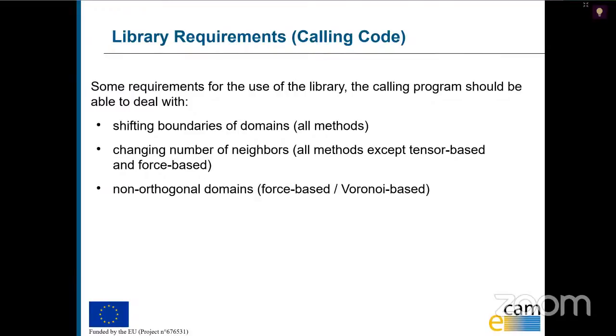For example, if you use the staggered grid method or the Voronoi-based method, it might be that from load balancing step to load balancing step, the number of your local neighbors might change. So your code should be able to deal with that.